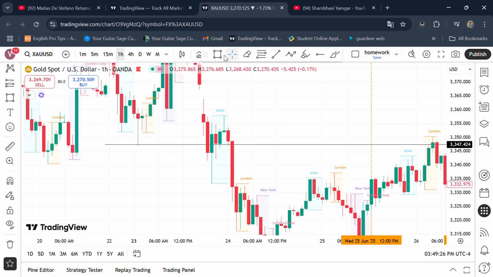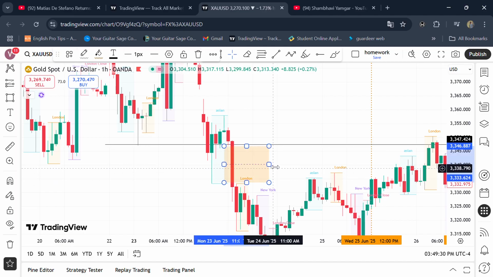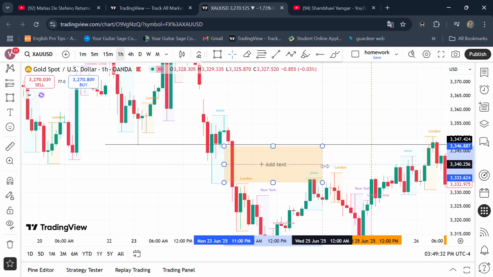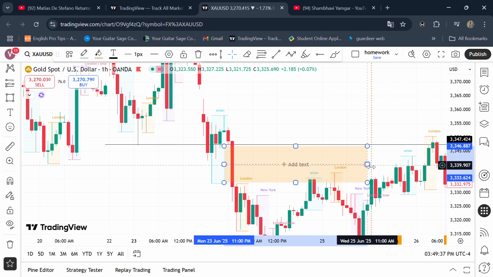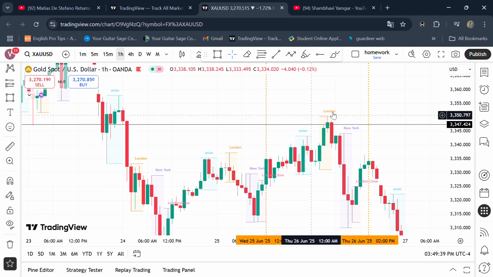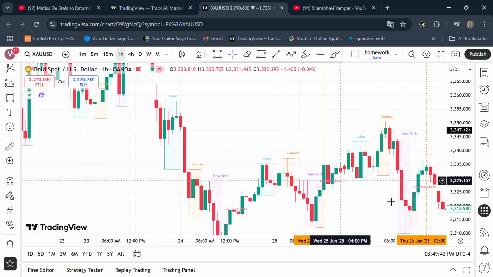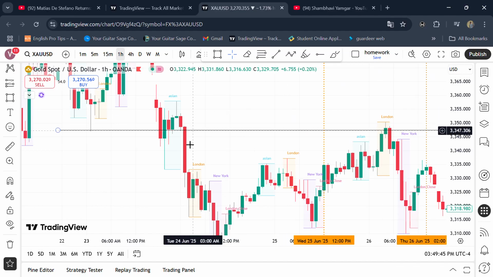Besides that, we also have an FVG, this one, which is yet to be filled. So this day right here is the day we are talking about. All this wasn't formed when we were discussing this FVG.